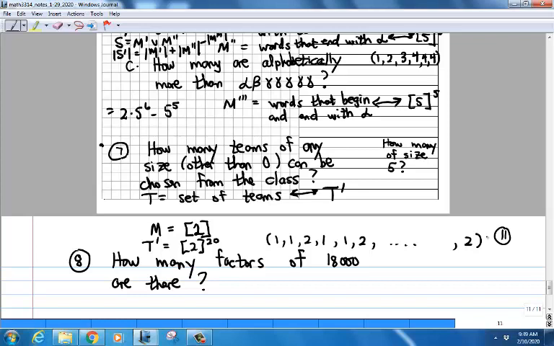But someone just told me it's 1,000,000 and something. Okay, so we know what the cardinality of T is. Oh, yes, I must take out 1, correct? Okay. So T there is 2 to the, what is it, 20th power, and then subtract what? 1, for the empty team, which we wanted to exclude.